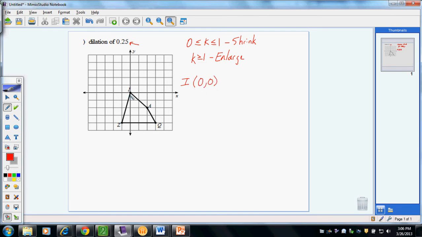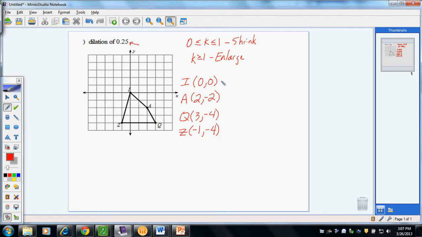We have A, which is 2, negative 2. We're going to have Q, which is 3, negative 1. And finally, we're going to have Z, which is negative 1, negative 4.